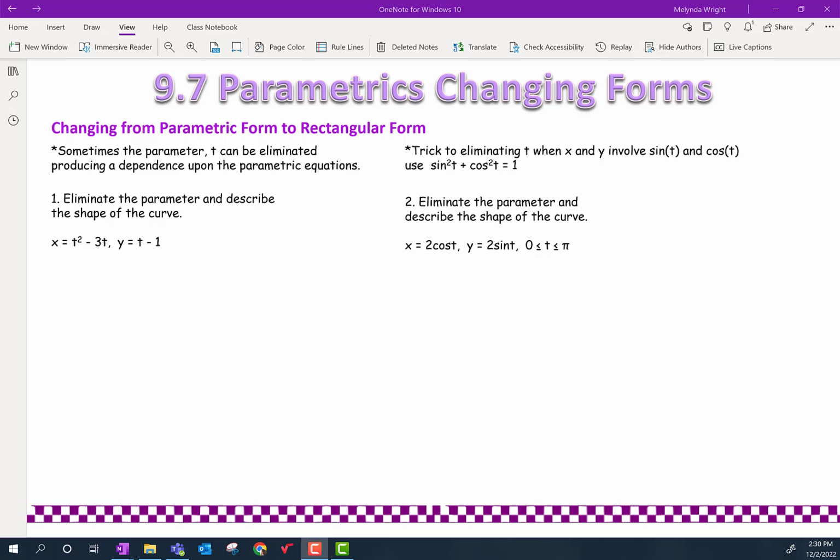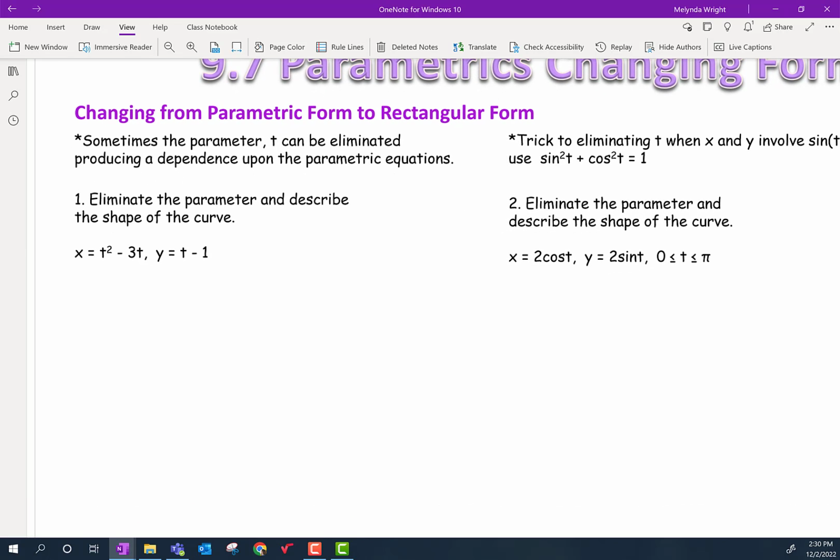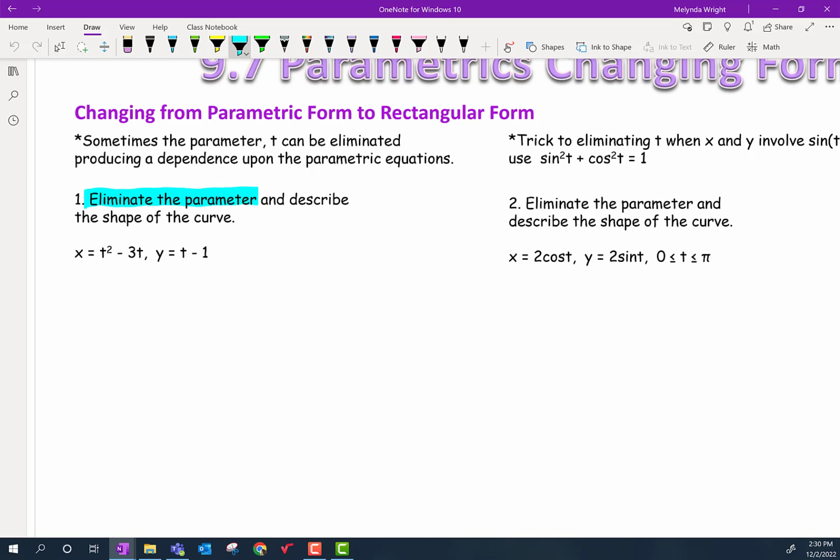Okay, so let's start with changing parametrics to rectangular. When it says eliminate the parameter, what they're asking us to do is to get rid of the t.